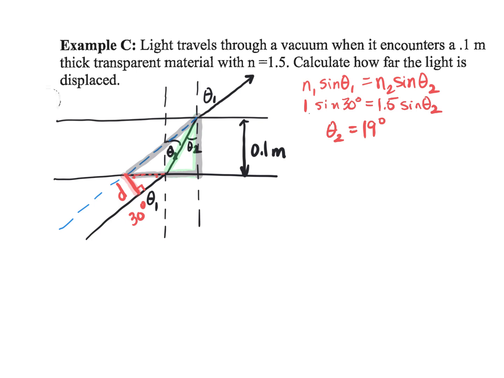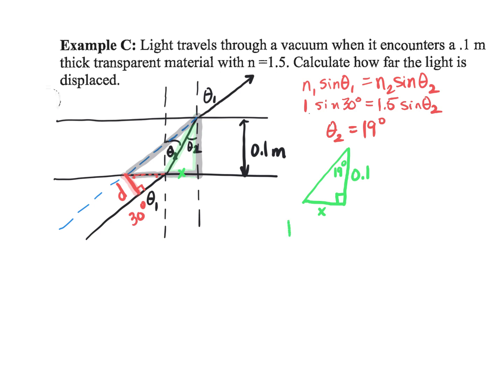Because here's the thing. And let's look at some information here. I've got one triangle, the green one that I highlighted. The green triangle is here. I know this is 0.1, and I know this is 19 degrees, and I want to find this. I'm going to call it X. So this chunk right here is X. So let's find that.